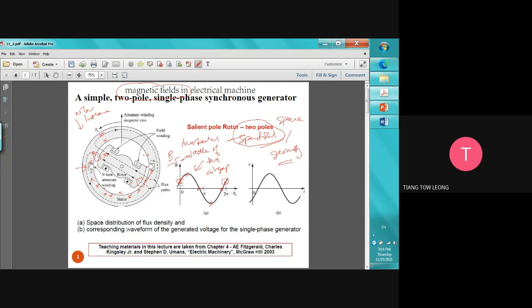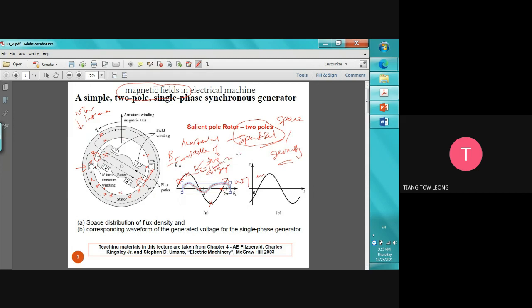So if, let's say, we get one cycle like this, we can see that the magnitude here is maybe 0.2 Tesla for motor 1. Then this is maybe 1.5 Tesla for motor 2.